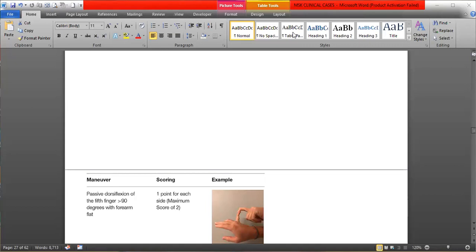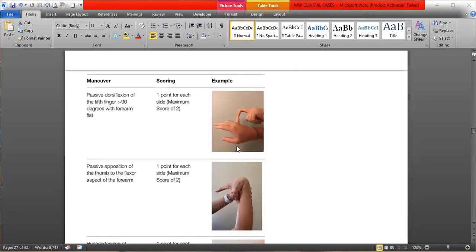So first we need to ask the child to bend the little finger in the opposite direction. If the finger is moving more than 90 degrees, then definitely the child has a hypermobile joint, and bilaterally.